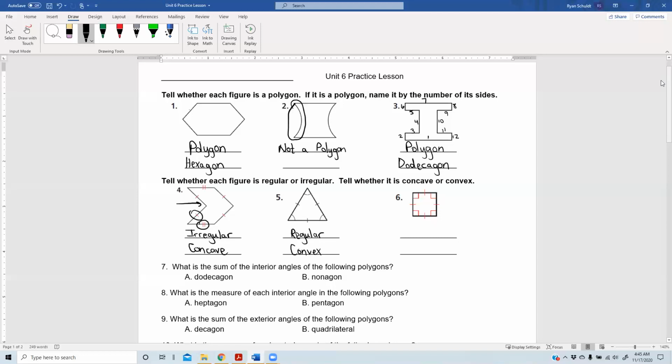Number 6, all angles are the same, all sides are the same. So this is regular. And again, I just said it, all regular polygons have to be convex.